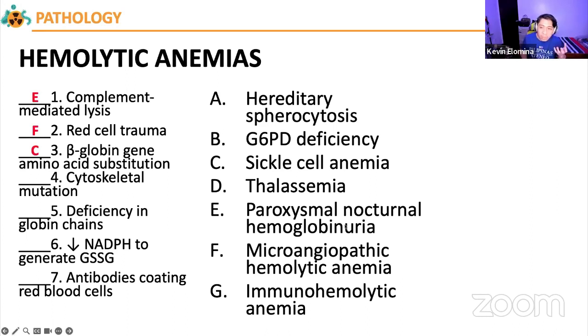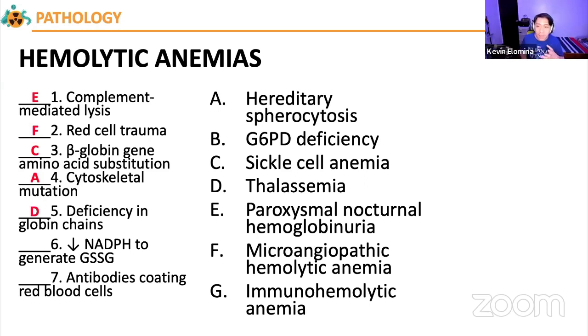So alin dyan ang may cytoskeletal mutation, kaya nagiging less deformable at nalalay sa spleen, that is your hereditary spherocytosis. Now, if you have deficiency in globin chains, no? Ano yon? Those are your thalassemia. And remember na kung ano yung pangalan, yun ang wala. So pag alpha thalassemia, anong wala? Alpha chains.